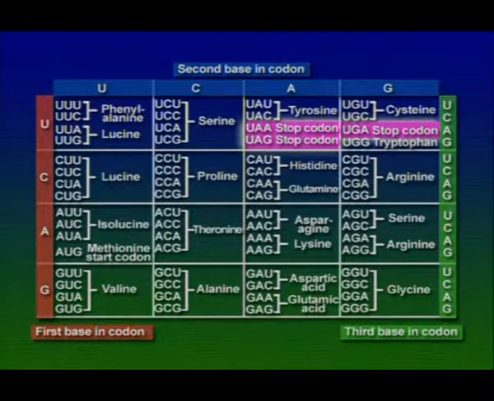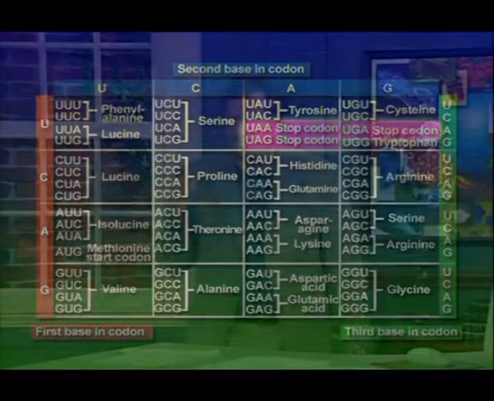So given that there are 61 codons that are functional codons in this sense, you might guess then that there should be 61 different kinds of tRNAs, one for each of the codons coding for an amino acid. In fact, there are fewer tRNAs than this. There are only about 45 kinds of tRNAs.